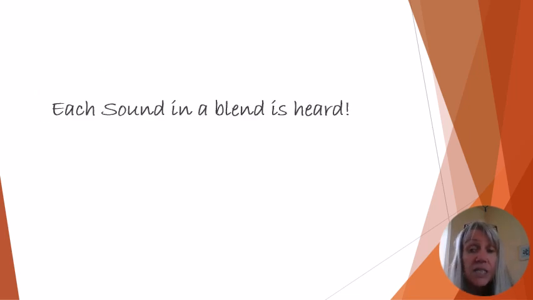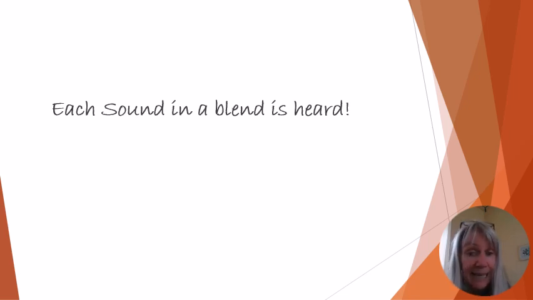Now, unlike a digraph, TH, SH, CH, PH, WH, each sound I'm seeing in a consonant blend at the beginning of a word part or one syllable word must be heard. So each of those consonants will require a sound box because they're making distinct sounds.